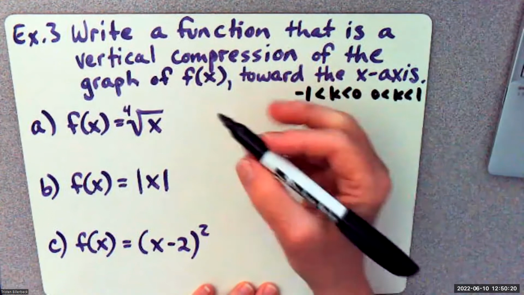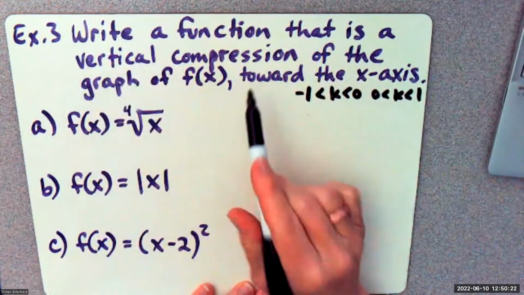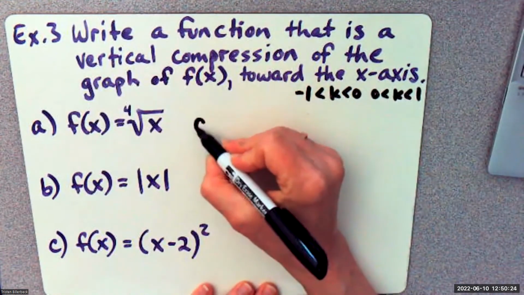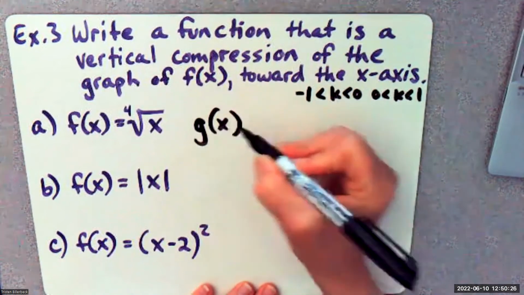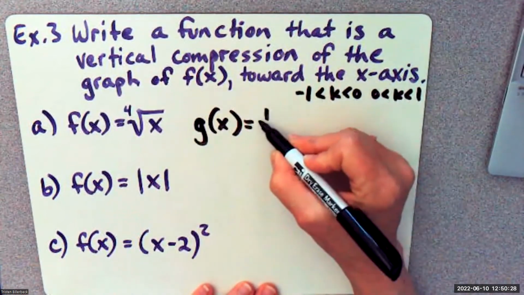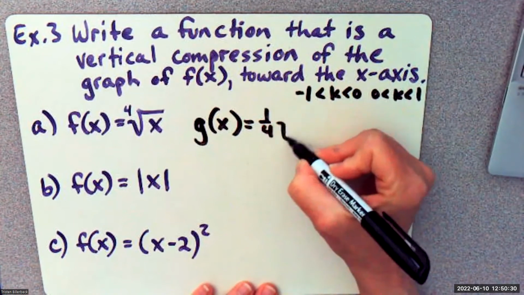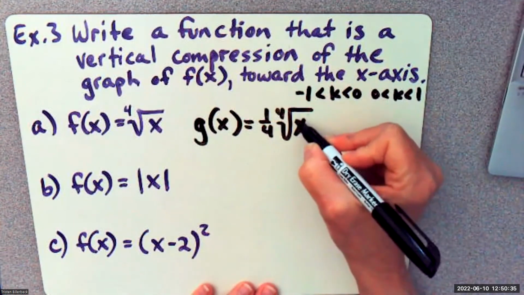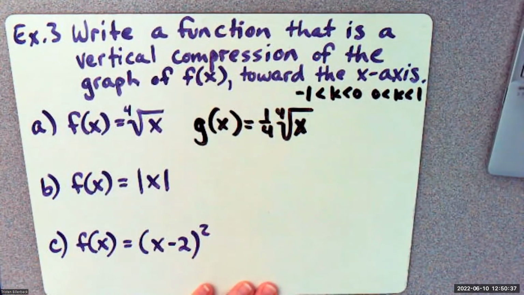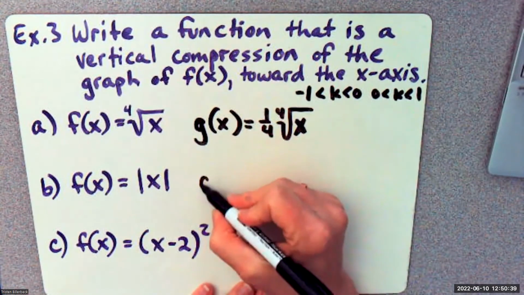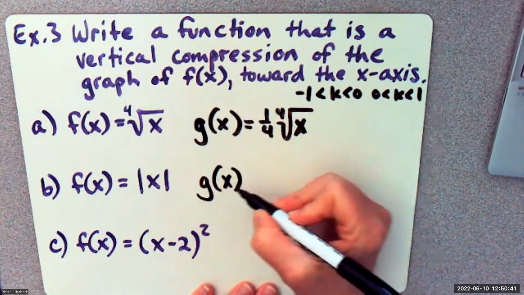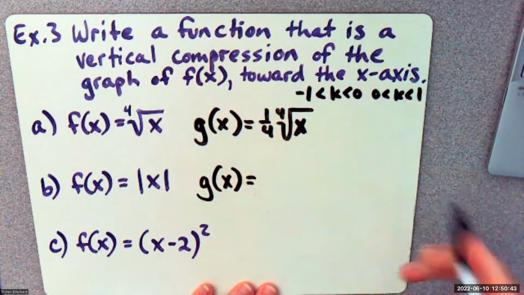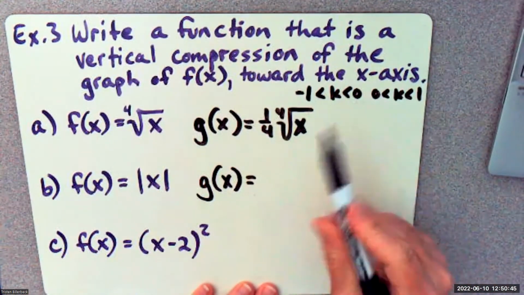Okay, so let's look at what this looks like as a vertical compression. So if we have g of x equals, let's say 1/4 of the 4th root of x, okay, so that's what that would look like. And then this one would be g of x. And remember, we can go negative, but it just has to be in this area here.